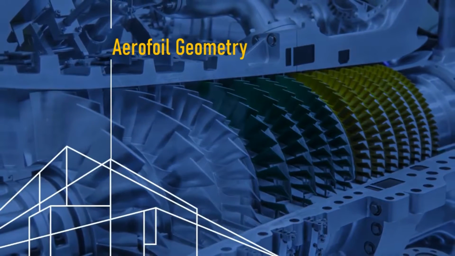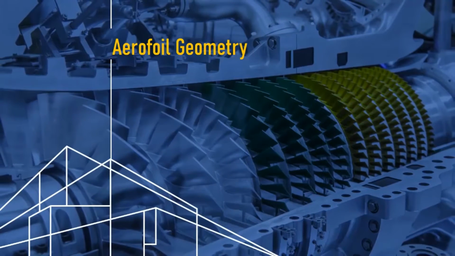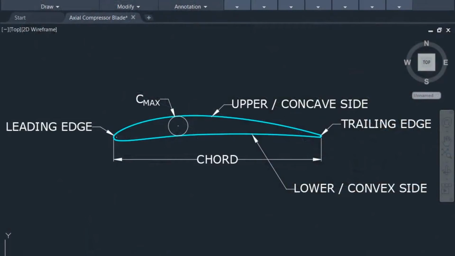In this lecture, we are going to know about the various terms that we use for defining an aerofoil. Here, we have some basic terms that we use. You can see in this drawing here, this blue indicates an aerofoil. This is an aerofoil structure.